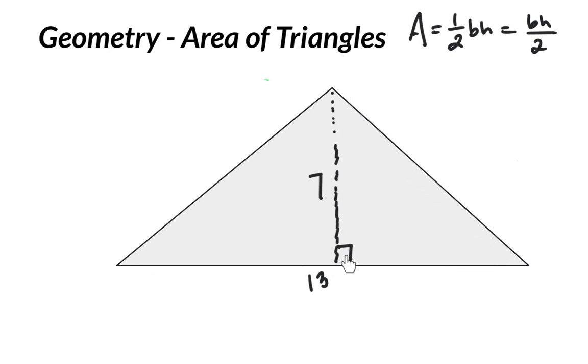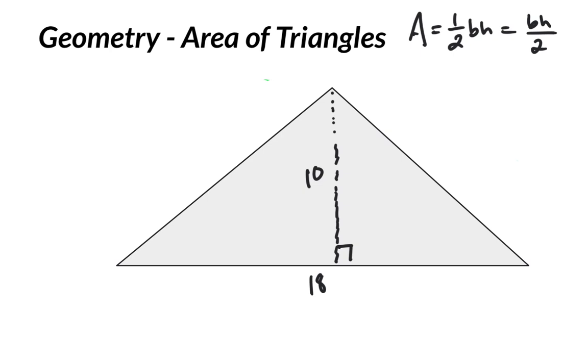But in this formula, we need to know the height. So we would simply do 1/2 the base multiplied by the height. 13 times 7 is 91, so half of that is 45.5.